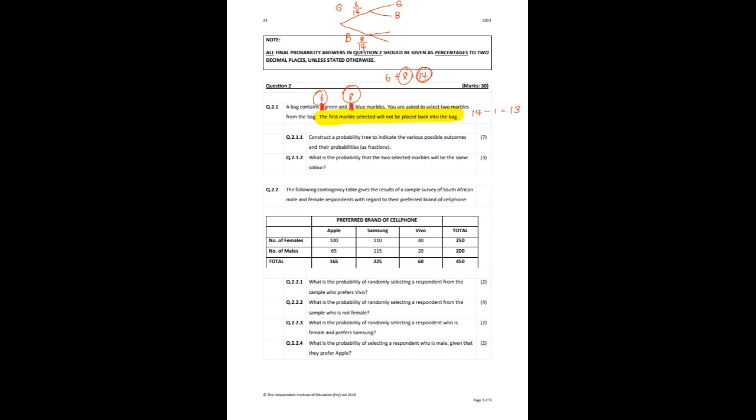And if blue was selected first, you can also choose either green or blue the second time. Now, because your sample size has declined, you only have 13 to choose from the second time. And so your denominator for the fractions becomes 13 the second time around.